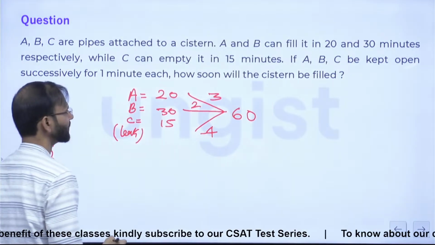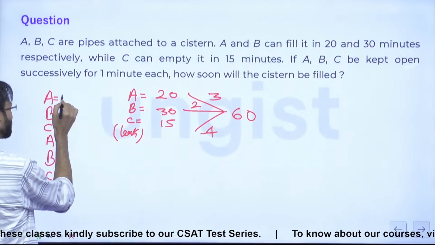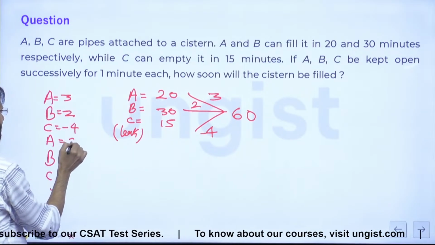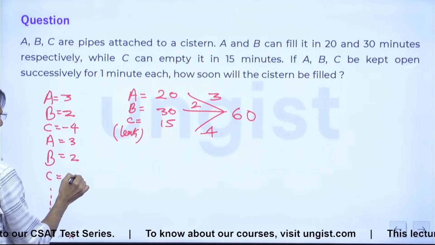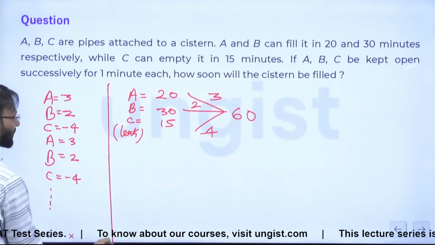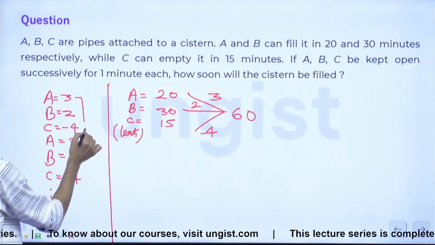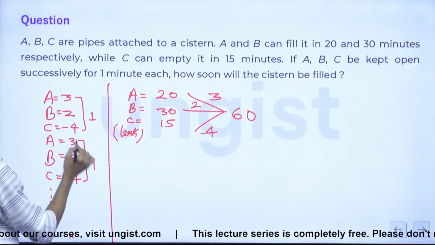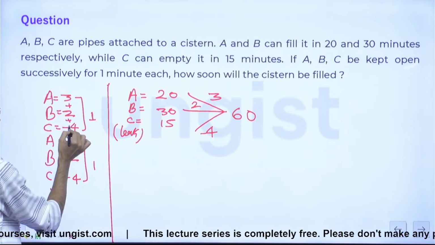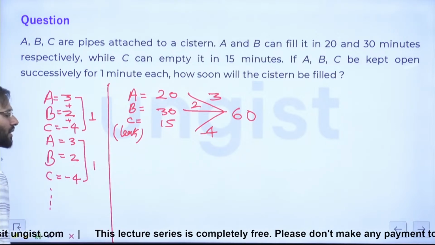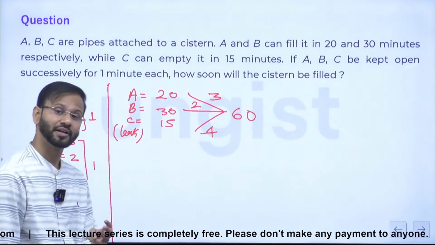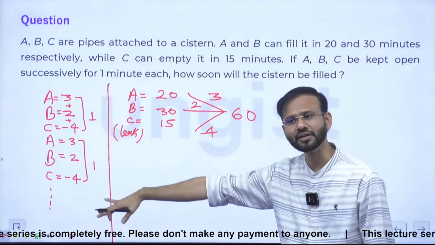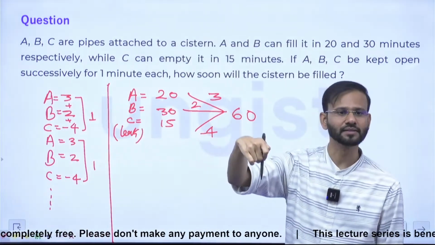Friends, the work is being done in this pattern: 3, 2, and minus 4. Again 3, 2, minus 4. Right? So here, what? 1. Again 1. Right? Because 3 plus 2 minus 4 is 1. So in every 3 minutes, everybody, just look at this: 1 unit is being filled in the tank.